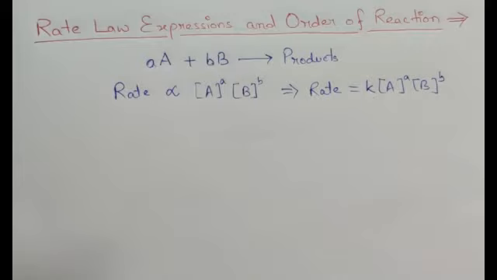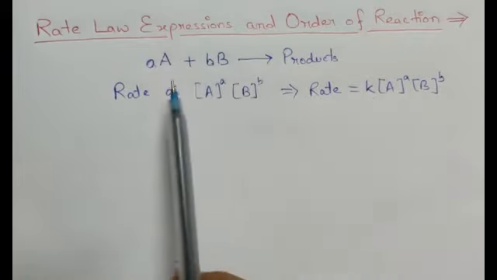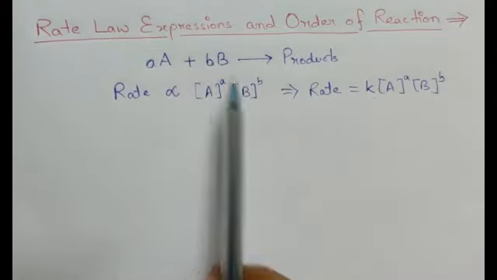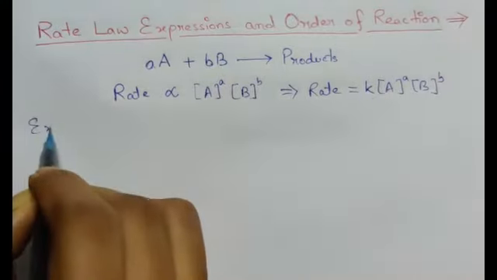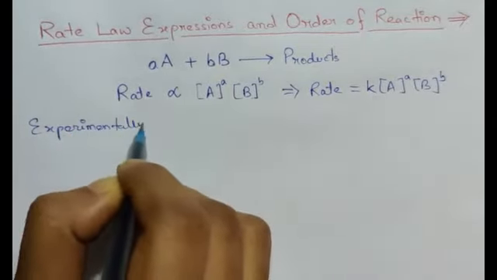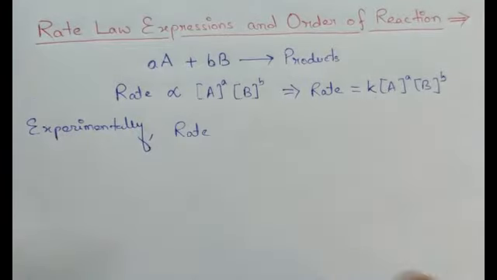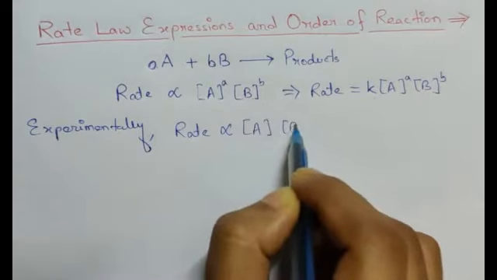So suppose alpha amount of A and beta amount of B react to form the product. In that way, we can say that experimentally, the rate will depend on the alpha and beta concentrations. So we can write it in this way, [A] and [B].